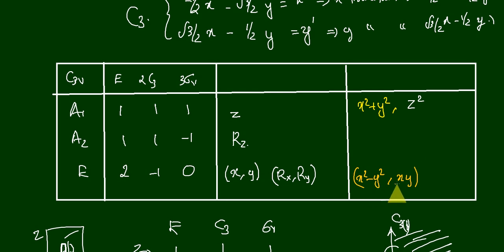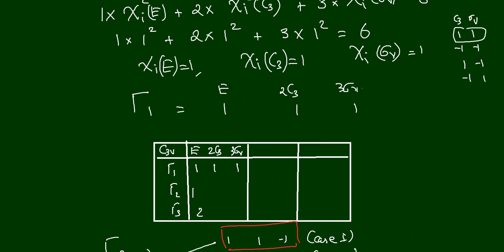X square minus y square and xy transform together. Okay, now you can find out xz and yz, then our calculation is over once you find out xz and yz. Okay, so let us find out xz and yz, then we can finish this video.